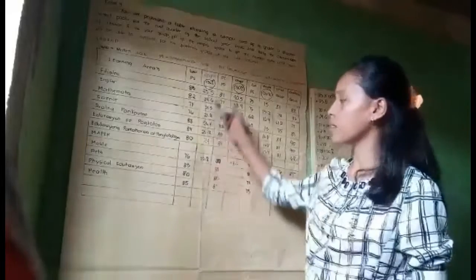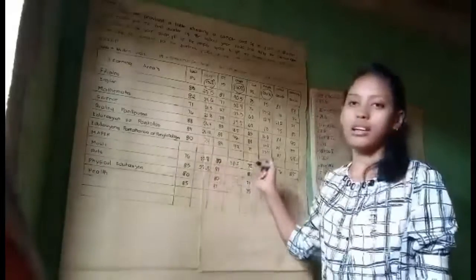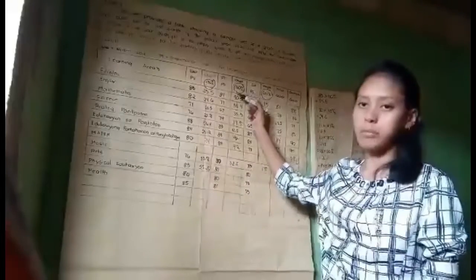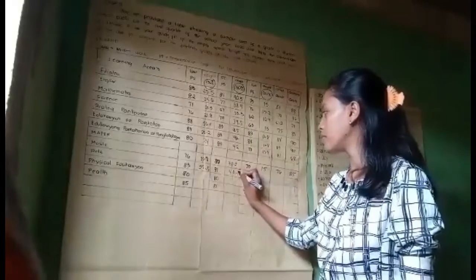Next is arts. 85 times 30% is 25.5. Next, 81 times 50% is 40.5. 80 times 20% is 16.